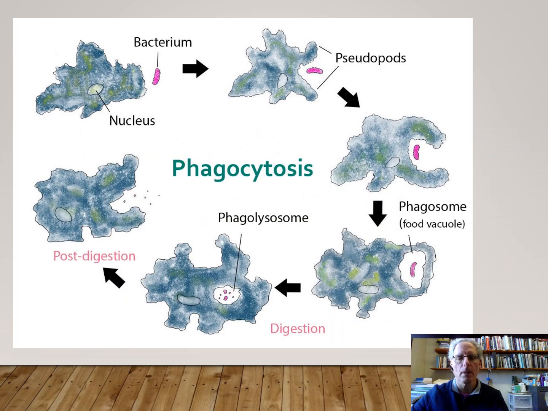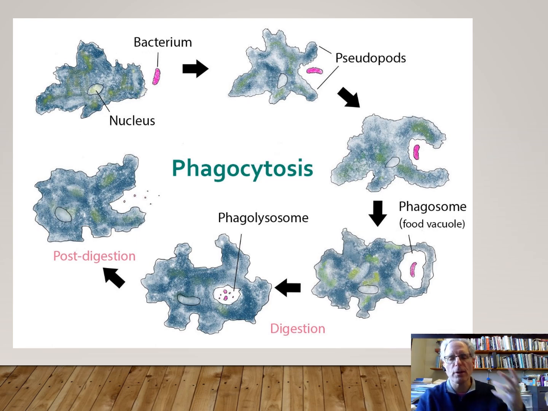Big things are taken up via phagocytosis. There are only certain cells in our bodies that can do this, particularly white blood cells. This is a cytoskeleton-mediated process. You ruffle the membrane, deform the membrane, move the membrane around the thing you want to take up. The membrane will then fuse and form something called a phagosome.